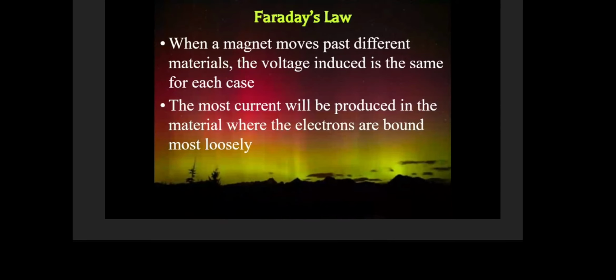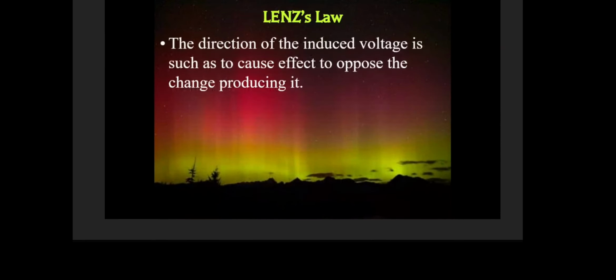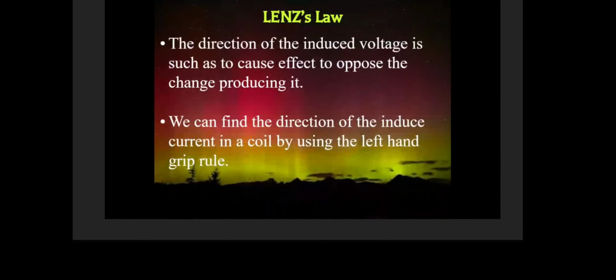And then we have the second law, which is Lenz's law. It's mostly for coils. So if you're looking at a coil and we induce current inside the coil by putting a magnet into it, the direction of the induced current is created to oppose the change that is causing it.